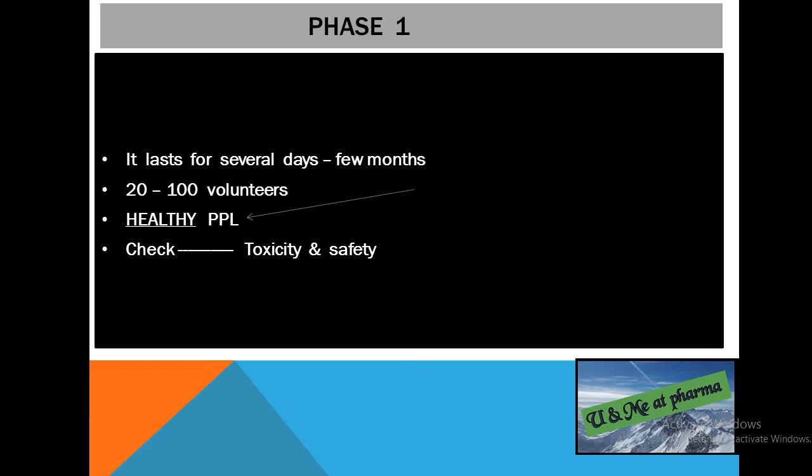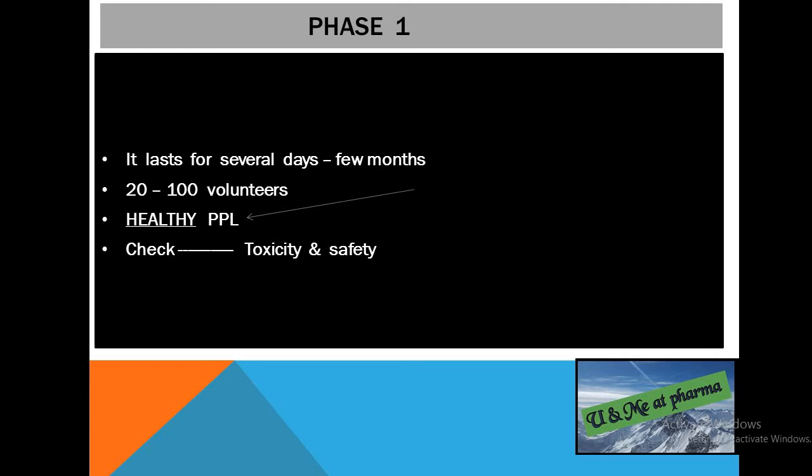Those who are willing to take part in these clinical trials are called volunteers, because we take them voluntarily, with their consent. Before all this, the consent forms need to be signed by these volunteers, and only then can we go further. So they are mostly 20 to 100.